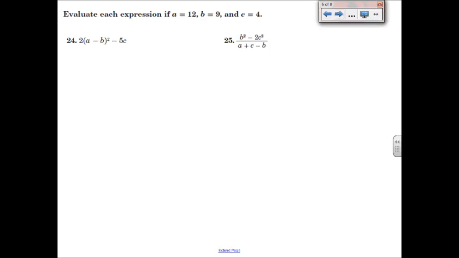All right, in number 24, I have 2 times, in parentheses, a minus b squared minus 5 times c. So I have 2 times a is 12 minus b is 9 squared minus 5 times c is 4. So I do the parentheses first. 12 minus 9 is 3.